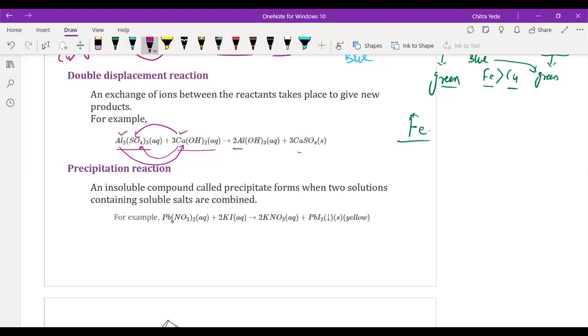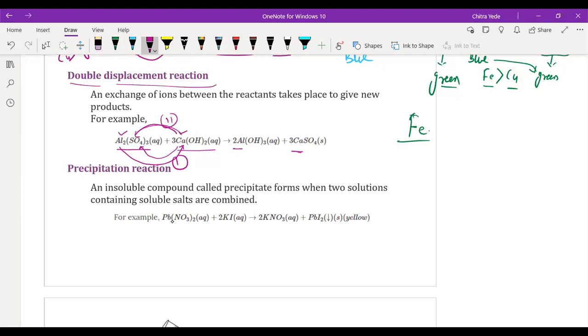Here the aluminum ion and calcium ion replace their positions with each other. Such reactions are called double displacement reactions. When aluminum displaces with OH, it is the first displacement, and when calcium displaces with the sulfate group, it is the second displacement. So in this reaction, two displacements take place. That's why it is called a double displacement reaction.